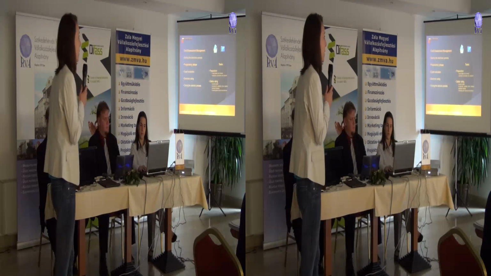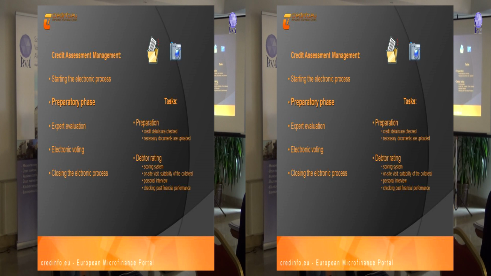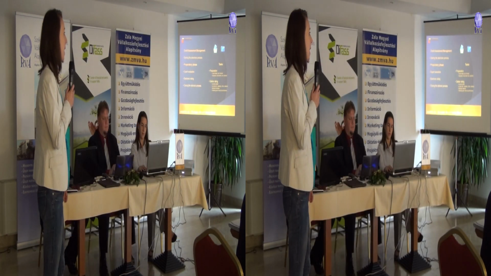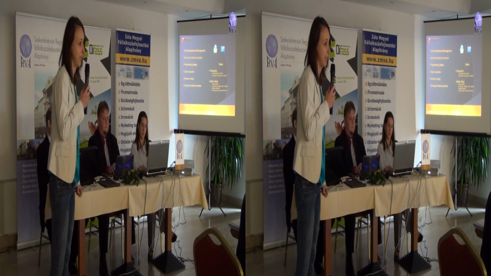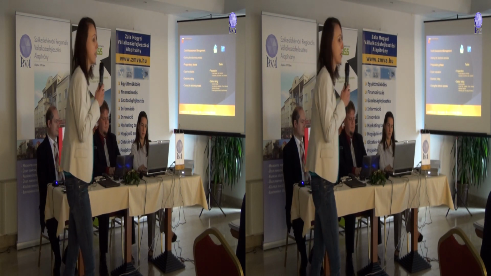In the preparatory phase, the loan assessor has to check the credit details very thoroughly, of course, and he or she checks whether the necessary documents are uploaded, or the procedure has to be sent back for amendment or correction. And in the next step, the debtor rating can start.